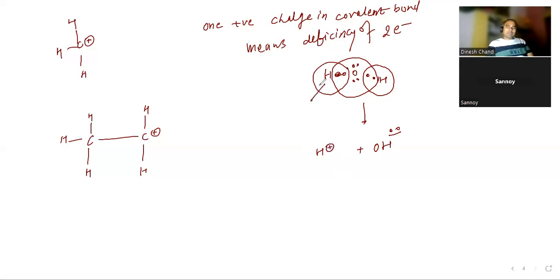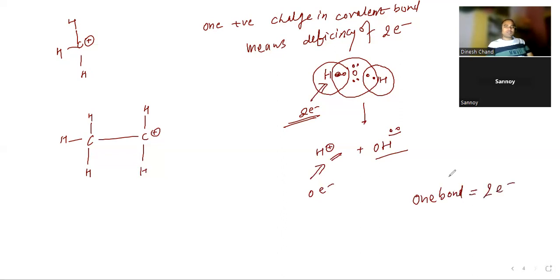So in the circle of this one, how many electrons are there? 2 electrons. Now it is left with 0 electrons, and that is the maximum. So one positive charge in a covalent bond means 2 electron deficient. Understood? One bond equals 2 electrons.